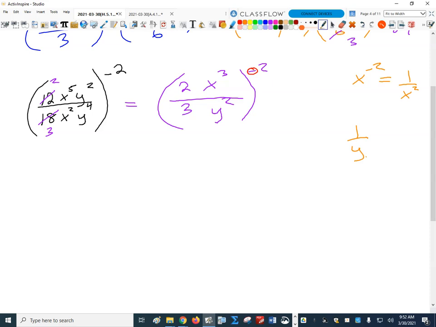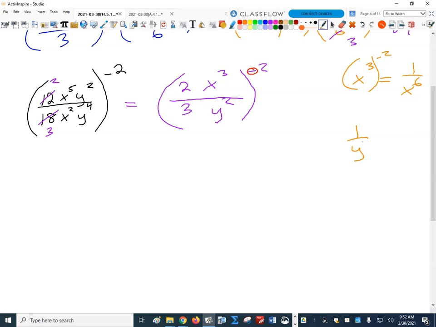I want to do this. Ooh, this will be, oh, this is tricky. I like this. Okay, hang on a second. I'm going to change that. What is x cubed to the -2? One over x to the 6th, isn't it? Good. It's x to the negative 6, which is 1 over x to the 6th.